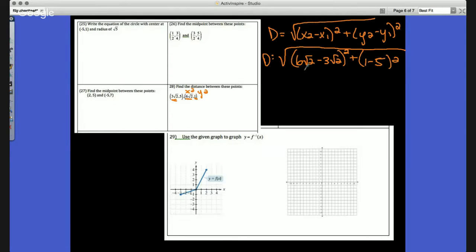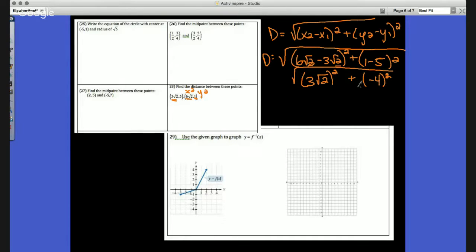Let's go inside. We know 1 minus 5 is -4. We're going to square that in a second. For 6 square root of 2 minus 3 square root of 2, we don't do anything to the square root of 2. Because they're like terms with the same root, we can just say 6 minus 3, which would be 3, and we keep the square root of 2 there. Again, still all underneath that square root.